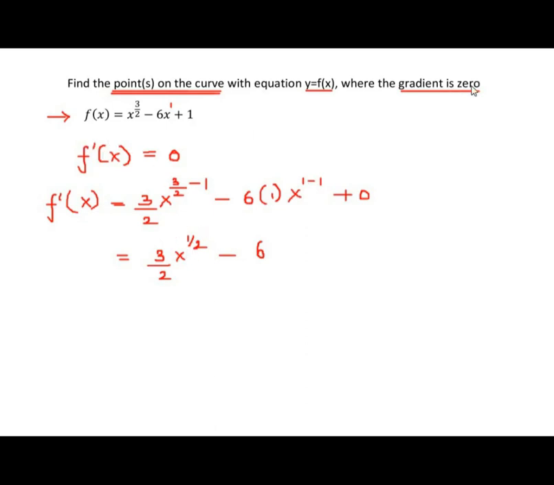Now as we have seen, gradient should be 0. That means whatever f dash of x we got here, we should equate it equal to 0 now. So we get 3 over 2 x to the power of half. We can take this minus 6 on the other side, so it becomes equal to 6.